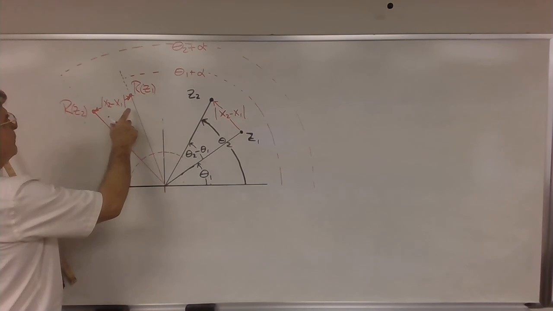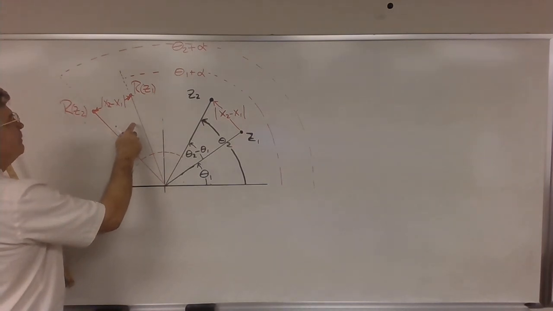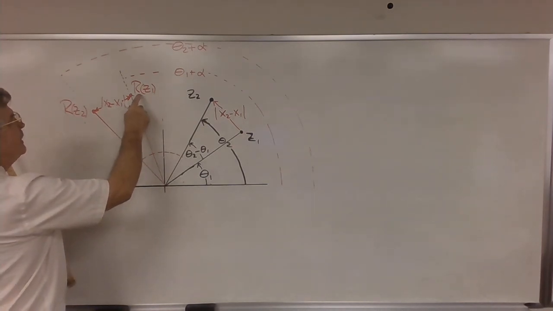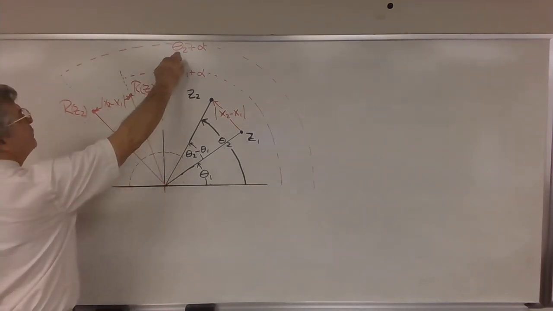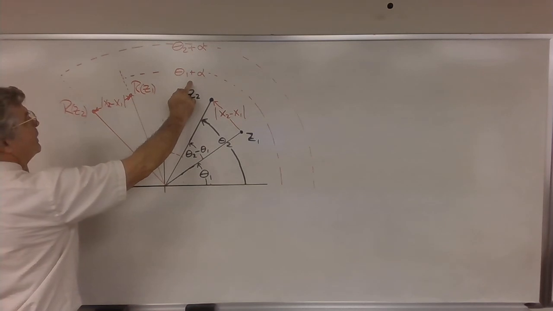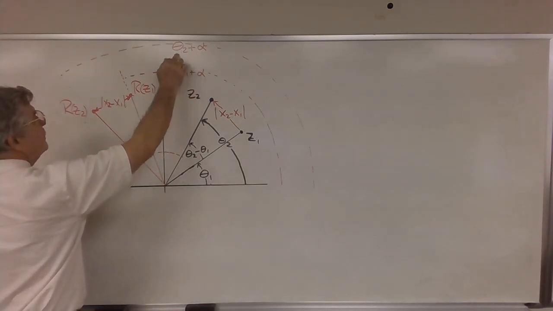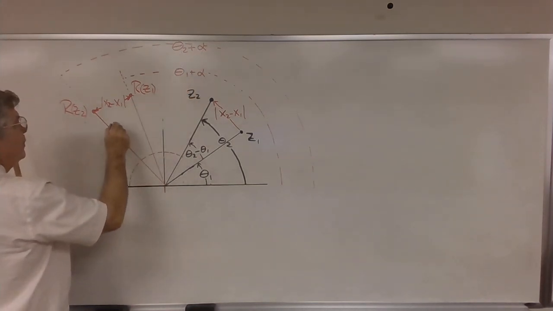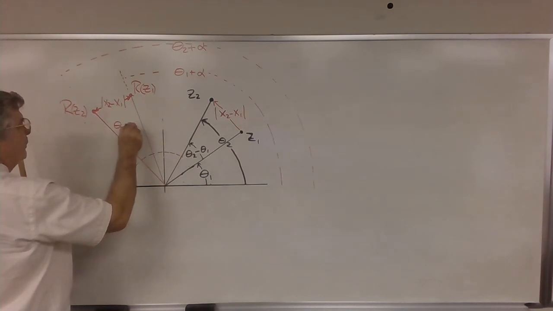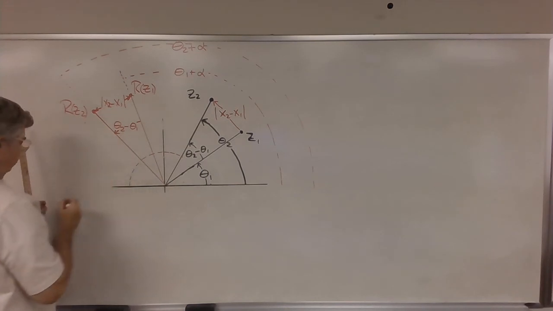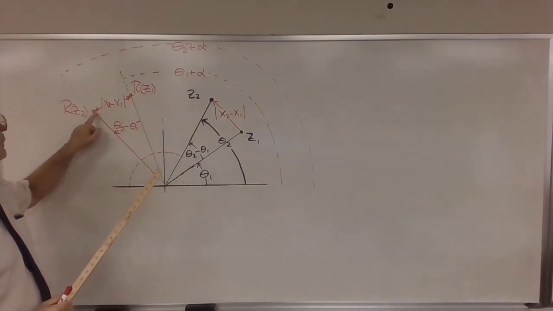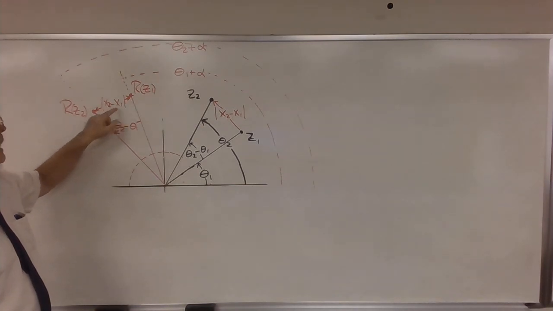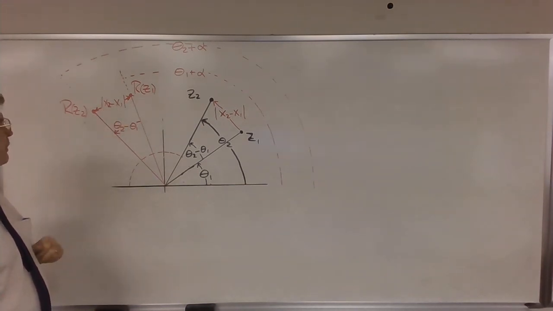And what's the angle here between the image of Z1 and the image of Z2? Well, it's this angle minus this angle. The alphas cancel out, and we just have theta 2 minus theta 1. So the distance between these 2 points, the modulus of z2 minus z1, has been preserved.